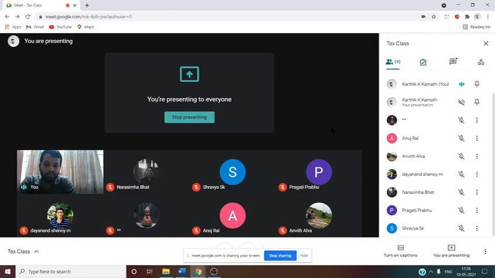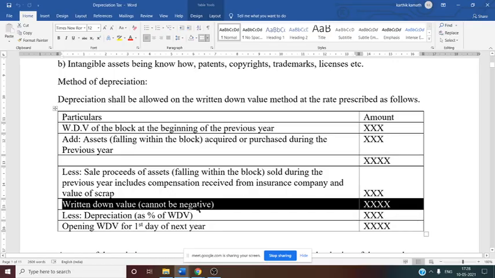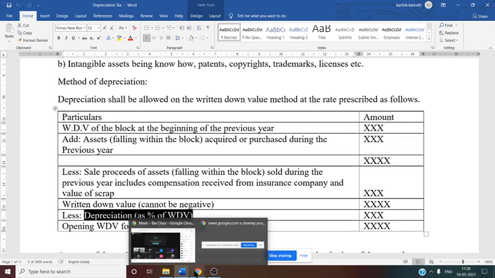Next, from the written down value before depreciation, we have to deduct depreciation. Depreciation is as per the percentage of written down value. That percentage will be given in the block of asset table. There is one separate table under which various percentage rates are mentioned.